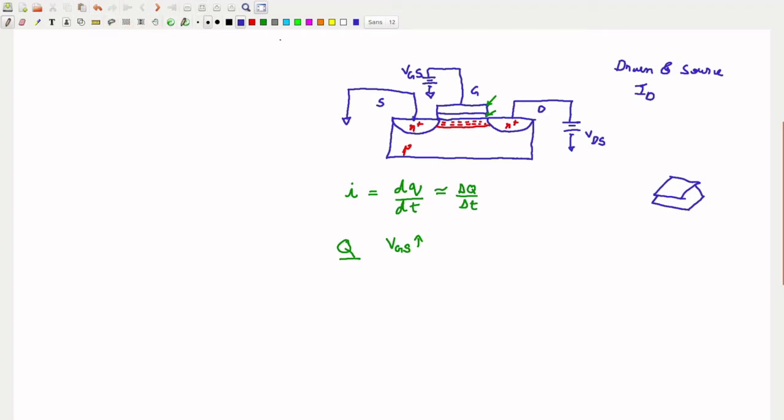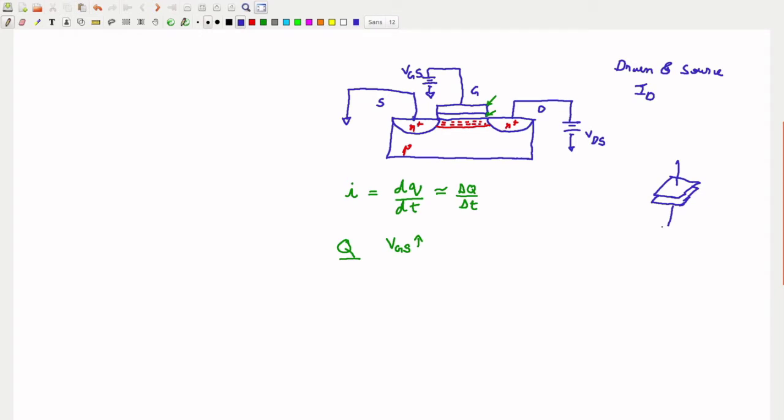I will redraw it once again. We have one plate which is in this case made of the metal. The next plate is made of the semiconductor, and the gap between these two plates, which forms the capacitor, is the oxide.